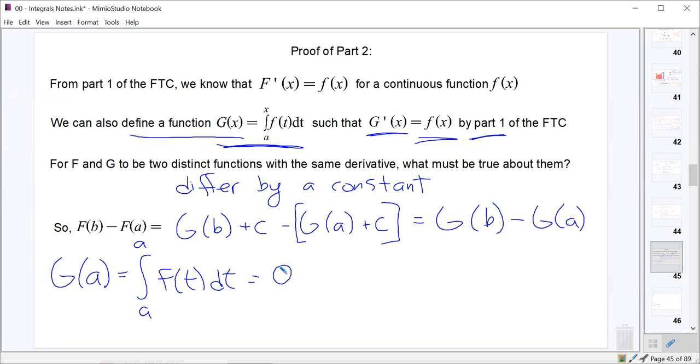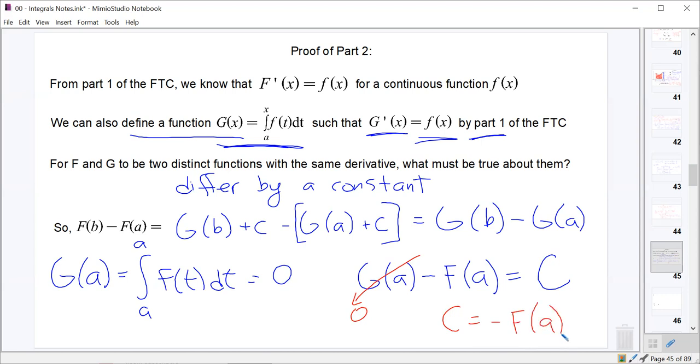And since we know that g at some value minus f at some value must equal some constant, that must tell us that since g of a is equal to 0, that constant that they differ by is negative f of a.